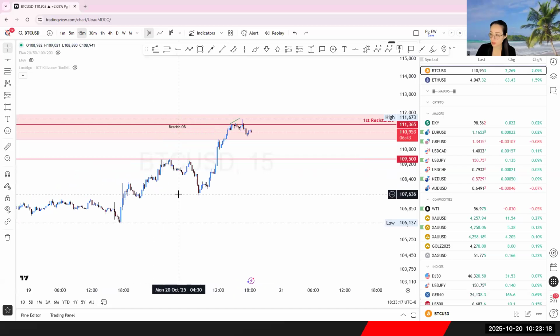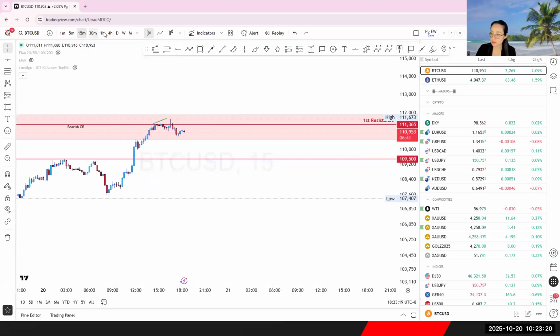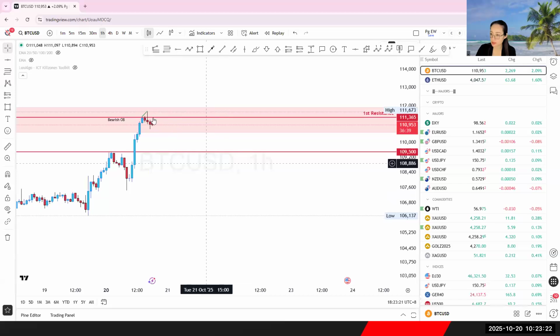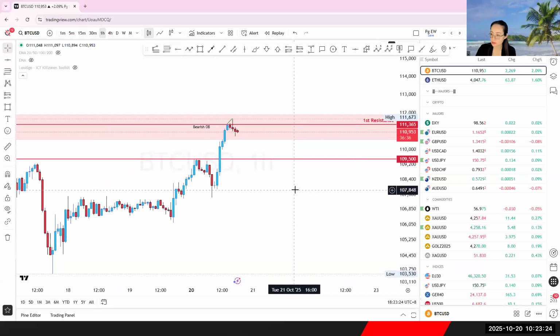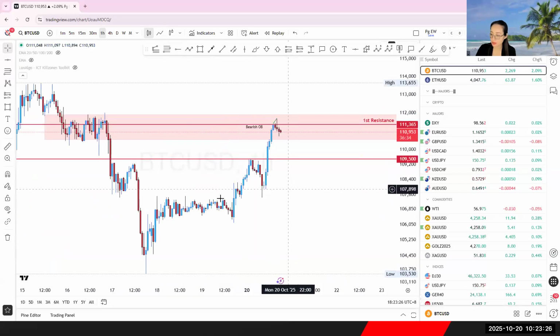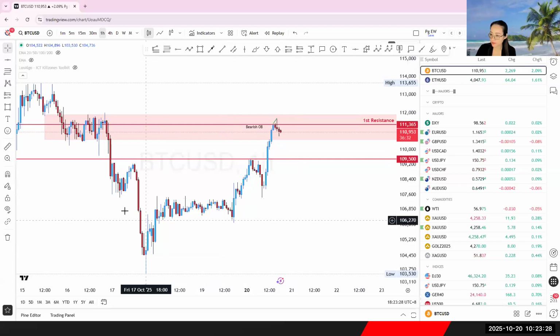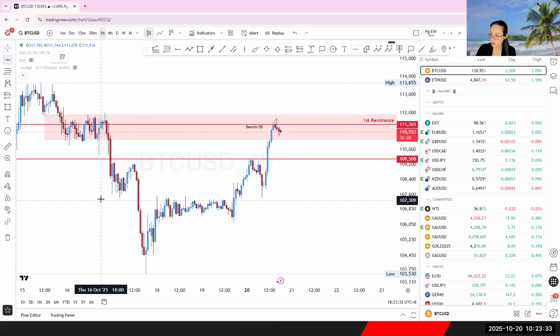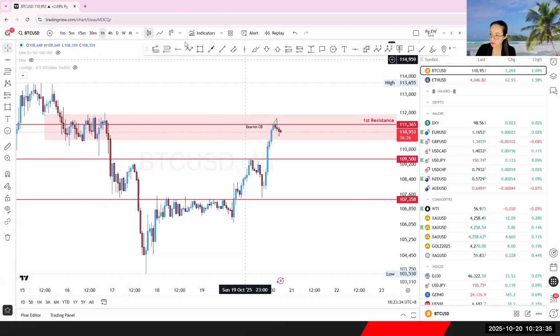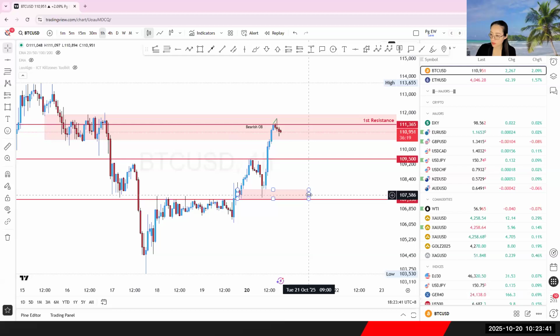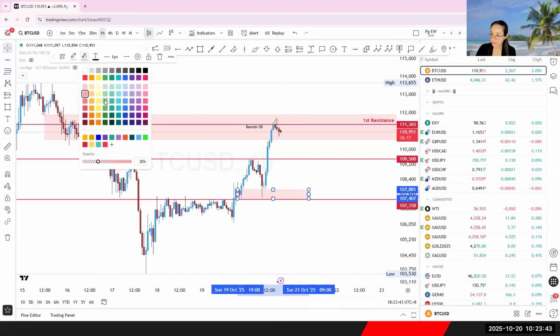You want to trade this level. You see in H1, this is the one at the break. This was also a support and resistance level, now it becomes the support level. Also this one, maybe there is support and then demand here.